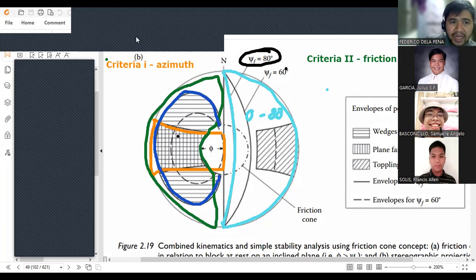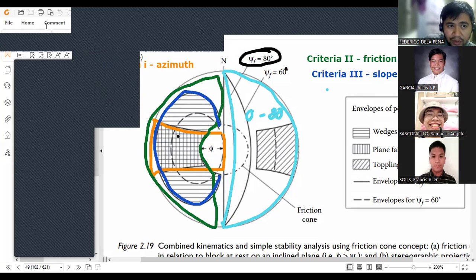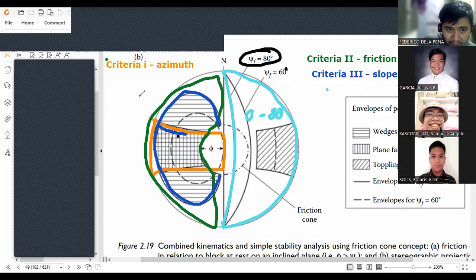So the final zone that is eligible for planar failure or wedge failure would be this whole zone here, this small zone that is the intersection between all these three zones.